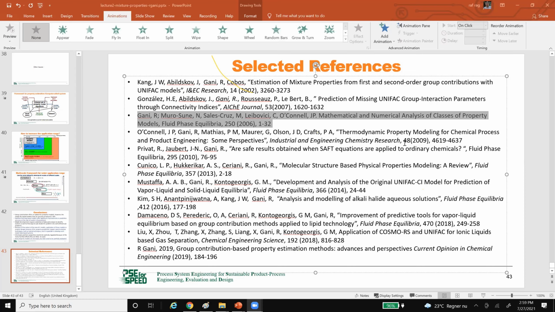The disadvantage is that it works for some systems, but not for all systems. So it's very good if we know that for these systems it worked, then we do not need the experimental data. What people are doing, including us, is because the sigma profile is not easy to obtain. One has to do molecular simulation with Gaussian or other tools to get the sigma profiles.